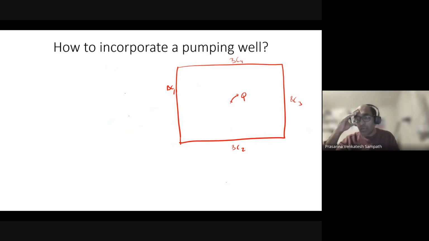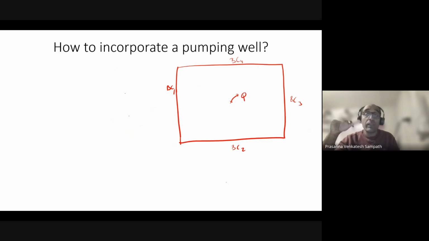Now the question is, this is the domain in which this particular problem has been set up. The question that immediately arises is how to convert this into a numerical problem, and how to minimize the size of your numerical problem.